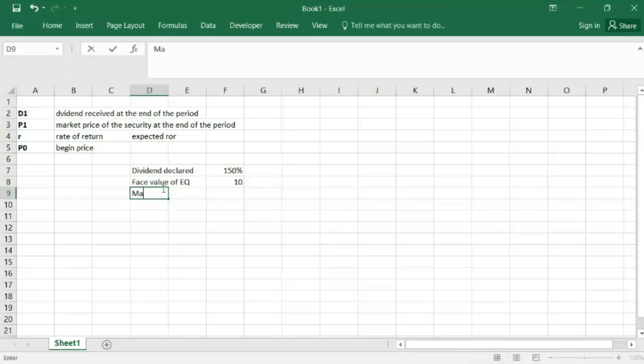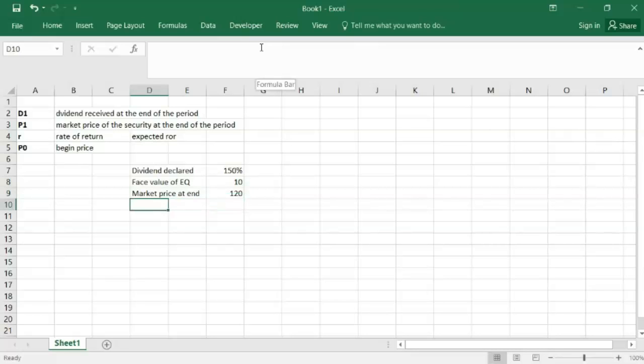Market price at the beginning: you can take the market price at the end of the period, because you are going to find out the beginning price, or the intrinsic value based on that. Market price at the end of the period is 120 rupees.